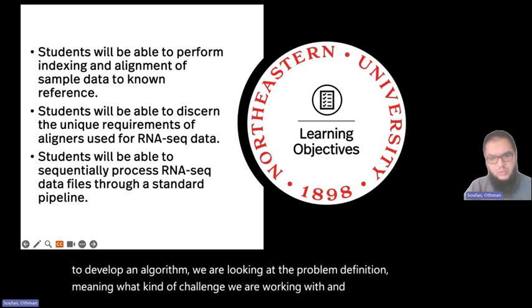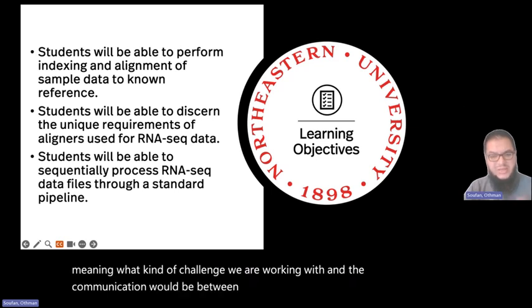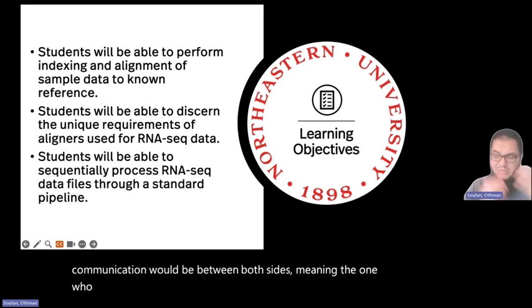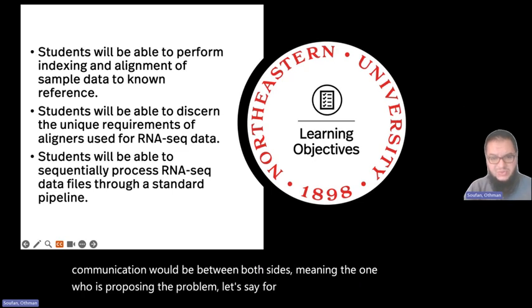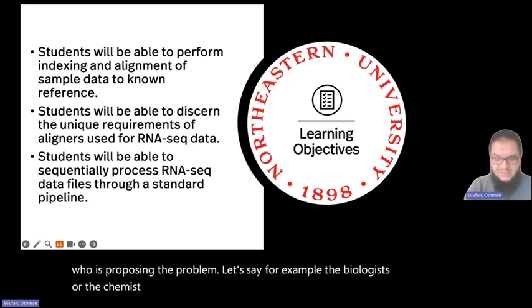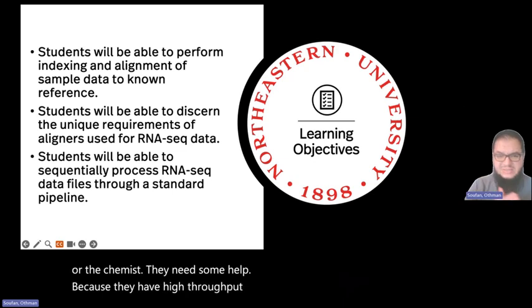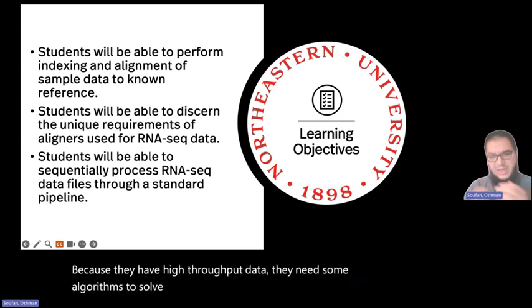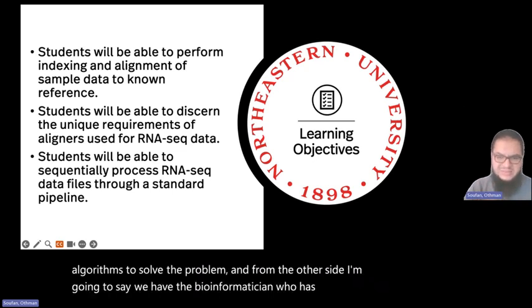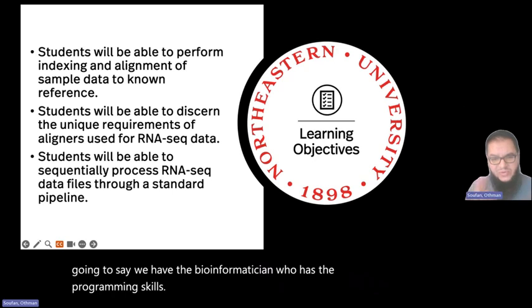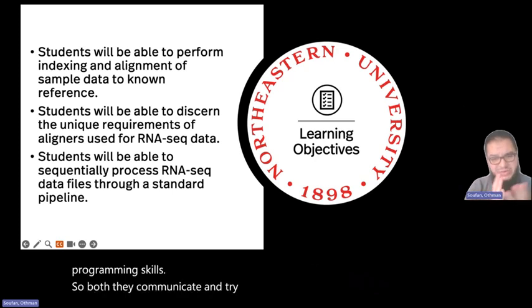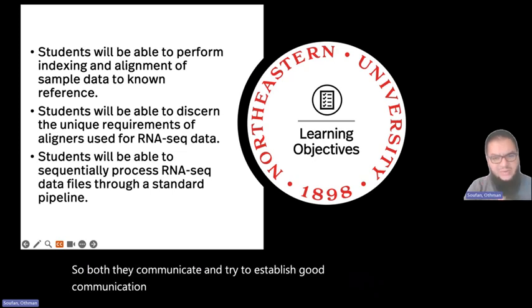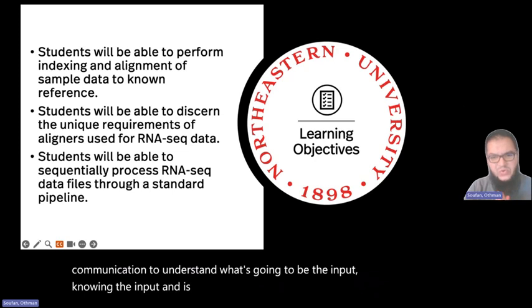And the communication would be between both sides, meaning the one who is proposing the problem, let's say, for example, the biologist or the chemist, they need some help because they have high throughput data. They need some algorithms to solve the problem. And from the other side, I'm going to say we have the bioinformatician who has the programming skills. So they communicate and try to establish good communication to understand what's going to be the input. Knowing the input is very important, and the goal as well.